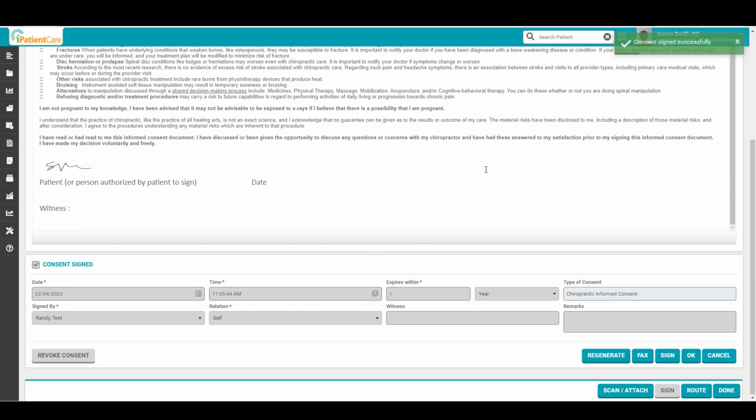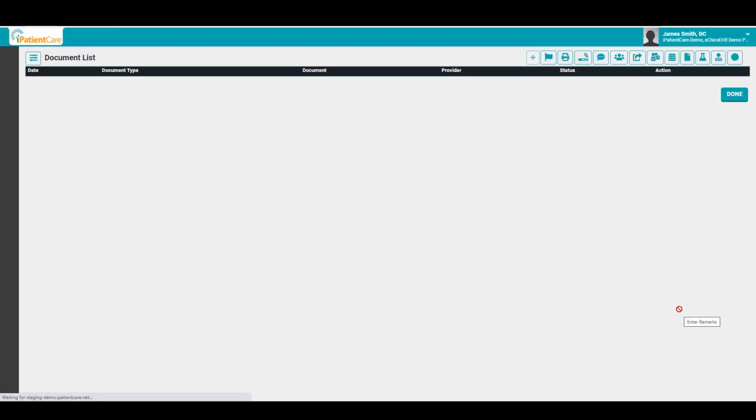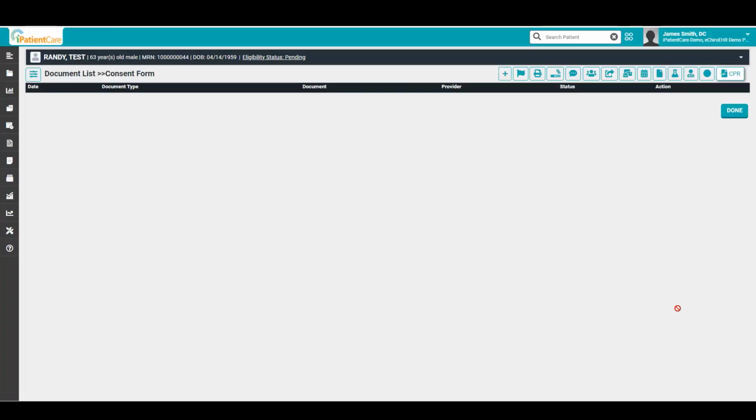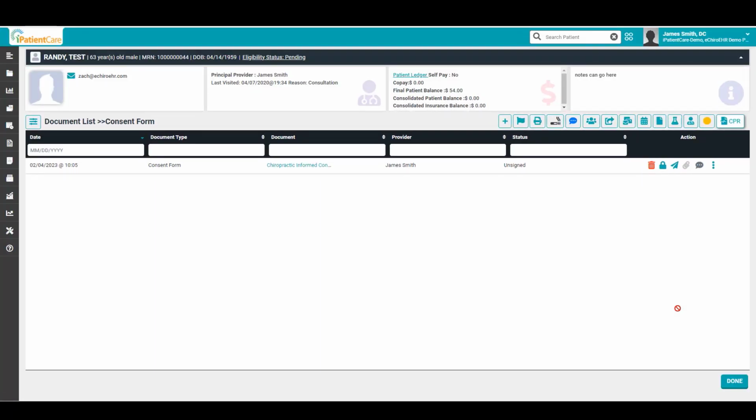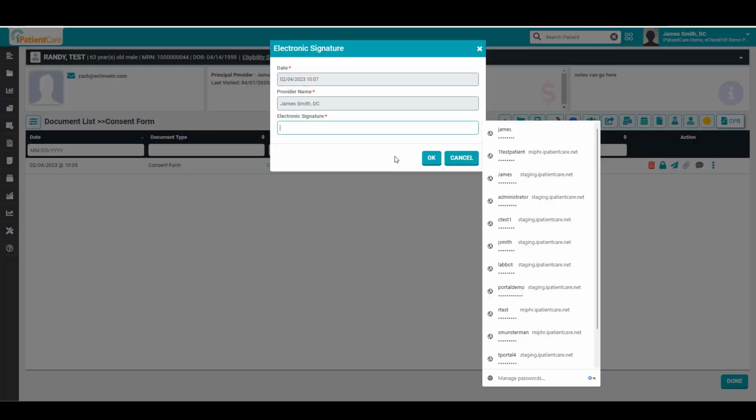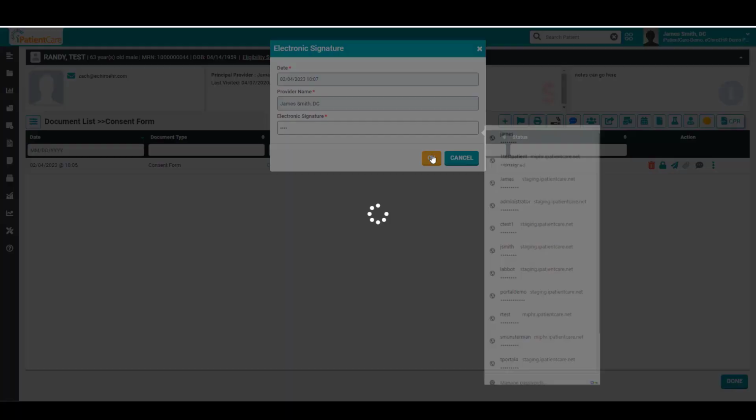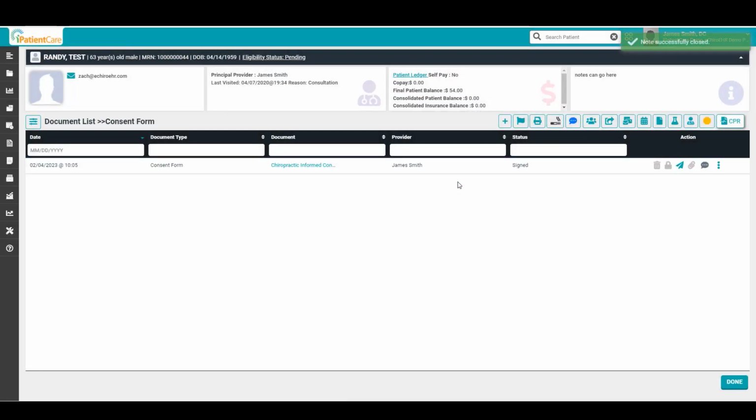And the consent is signed successfully. And click OK. And then for the provider to sign, simply typing in the electronic signature will complete that informed consent.